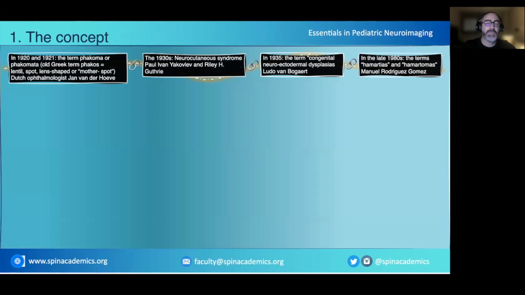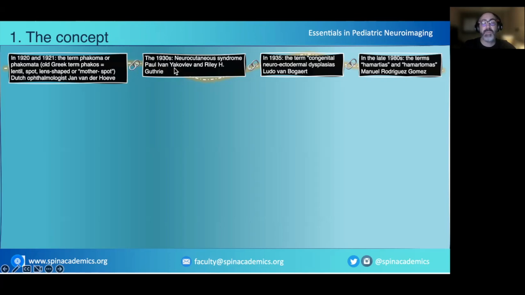So the concept of phacomatosis has evolved over time. The term was coined by a Dutch ophthalmologist, Jan van der Hoop, who saw patients with NF1 and tuberous sclerosis complex with eye anomalies, and he called them phacomata, which means lentil spot, lens shapes, or mother spot.